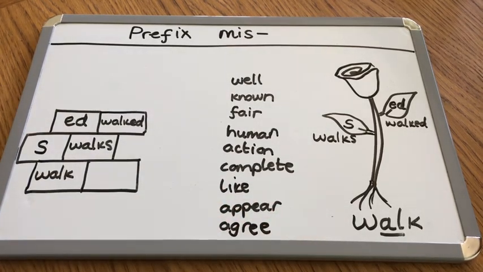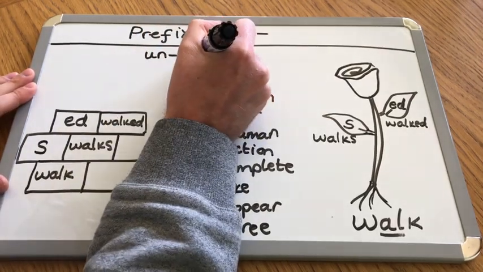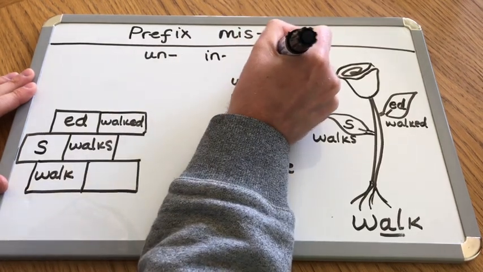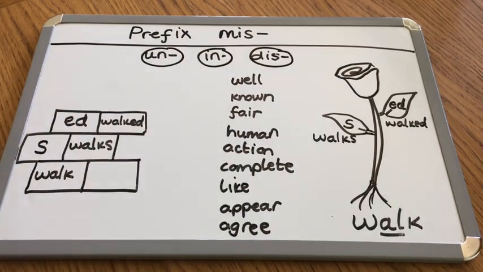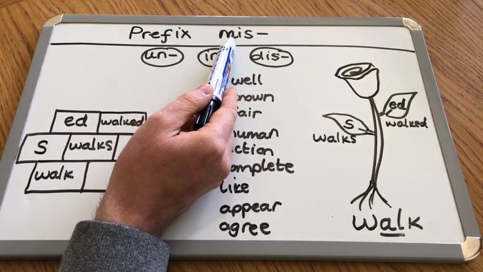Now at the moment, those spellings are the root words. We're going to change them using prefixes we already know. The prefix un, the prefix in, and the prefix dis. Now the reason we're looking at these first as a bit of practice is that these prefixes are very similar to how we use the prefix miss.